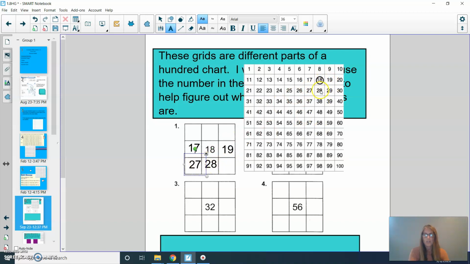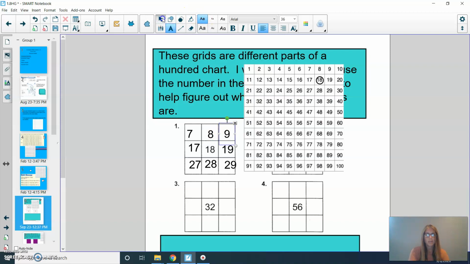And if I go back to 28, 1 more than 28 would be 29. Then if I look again at my 17, 10 less than 17 would be 7. Then I'm going to keep counting by 1. Right after 7, I would have 8, and then 9.